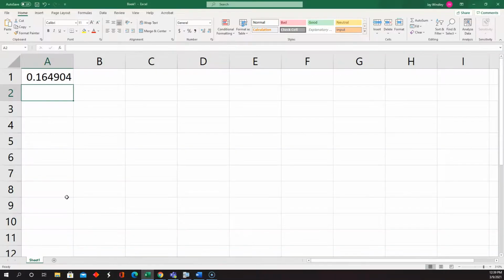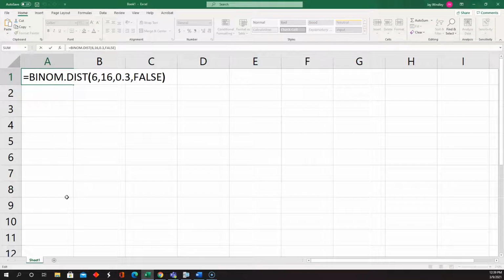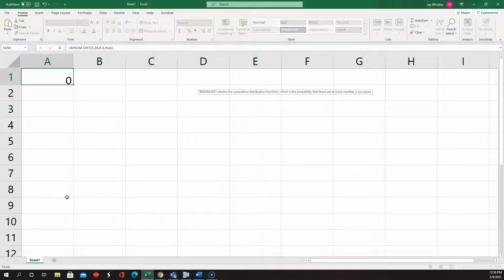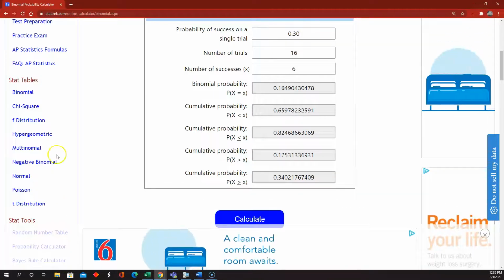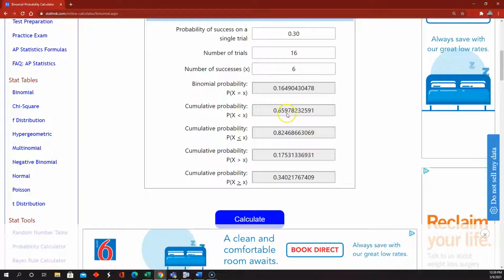On other technology, we can change this to a 5 and then change the cumulative flag to true, and there's the same 0.659. And if you go over here to my binomial calculator I was showing you, less than 6 successes is the 0.659 again.